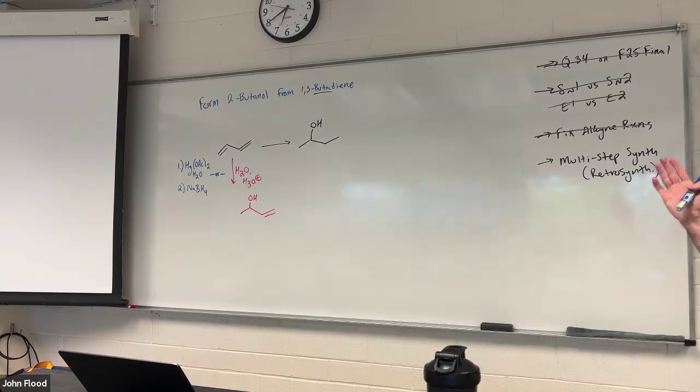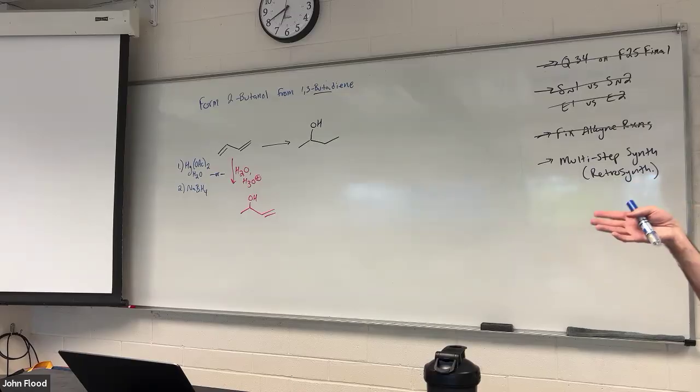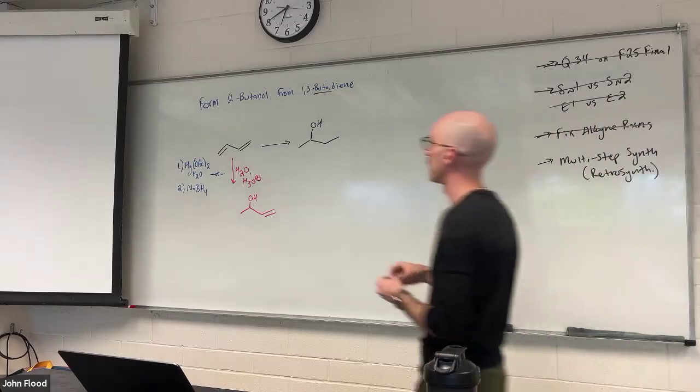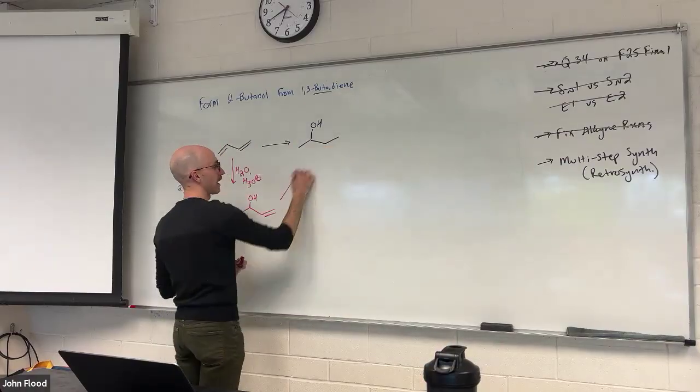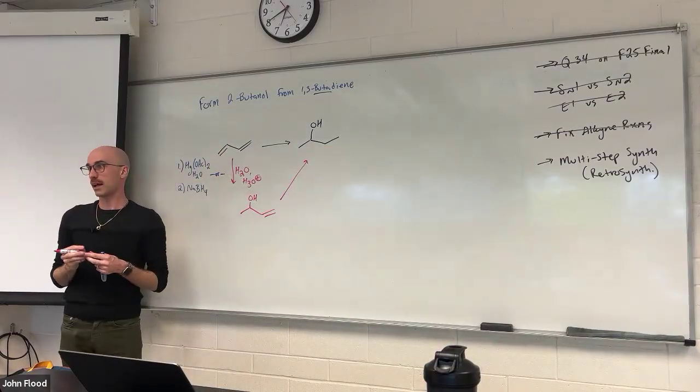If I can take this from but-3-en-2-ol, which is what I have now, and I want to get to butan-2-ol, 2-butanol, I just need to get rid of the alkene. And get rid of is a strange word. I need to add hydrogen across the alkene. I need to reduce the alkene to an alkane, and we have a reaction that takes alkene to alkane.